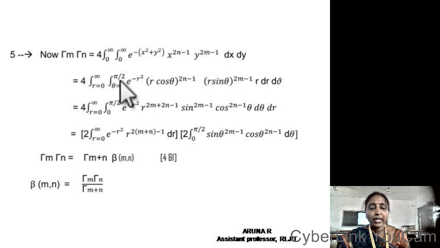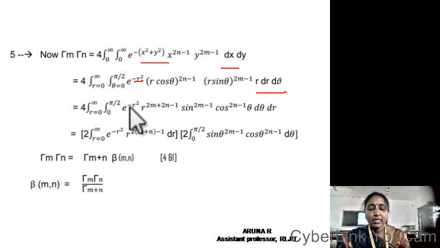Now if you back substitute the limits, r equals 0 to infinity, theta from 0 to pi by 2, and x square plus y square can be written as r square. Our x value changes to r cos theta and y value changes to r sin theta, and dx dy changes to r dr d theta.